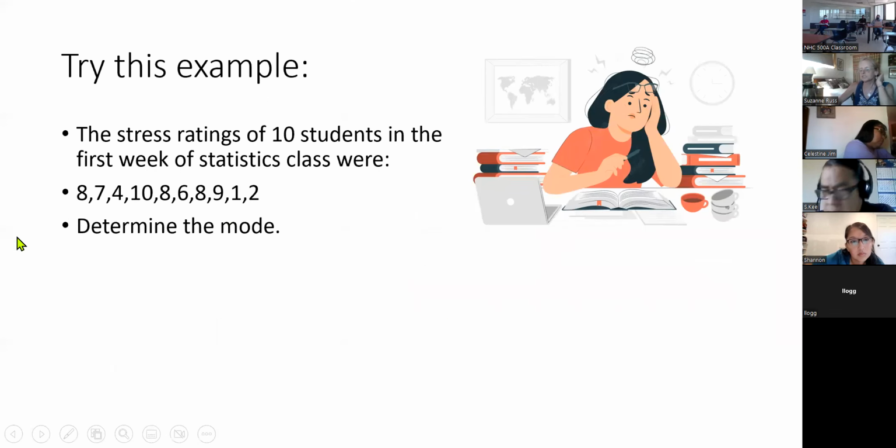So here's a little one for you. I want you to take a moment to figure out the mode. And I think I have a quick correction I'm going to make so that my pen is functioning as it should today. So while you determine the mode in this and submit it to me, I will make that quick fix to my screen.